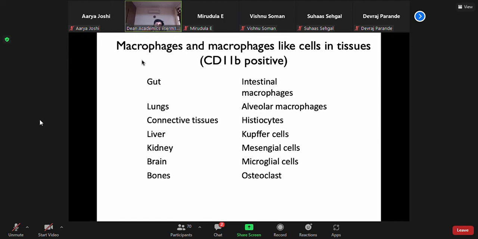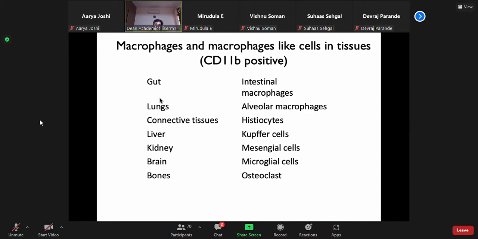Depending on what part of your body you find these cells in, they are named differently. If you talk about macrophages, they are labeled with this marker CD11B, MAC1. That's the other name of this molecule.